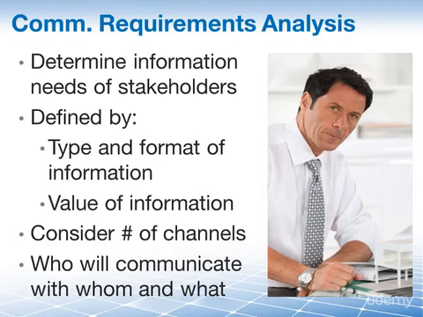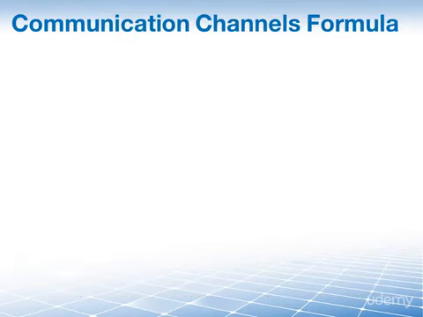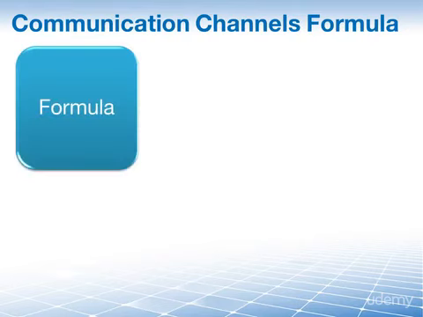And talking about communication channels, have you ever wondered how many people on your project talk to how many other people? Well, we do have a formula to calculate this. So whenever one stakeholder on your project communicates with another stakeholder, that is what we call a communication channel. And the number of these channels gives you some indication of how complex your project is. And this formula here can be used to determine the number of communication channels.